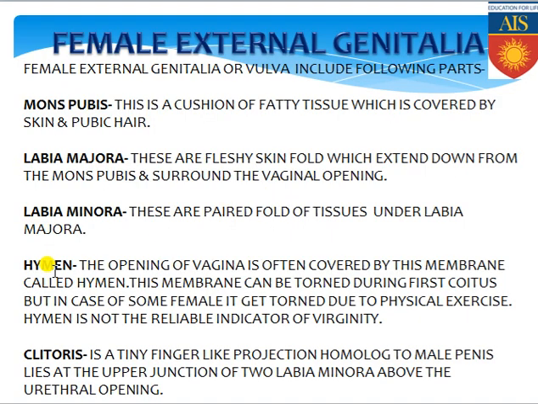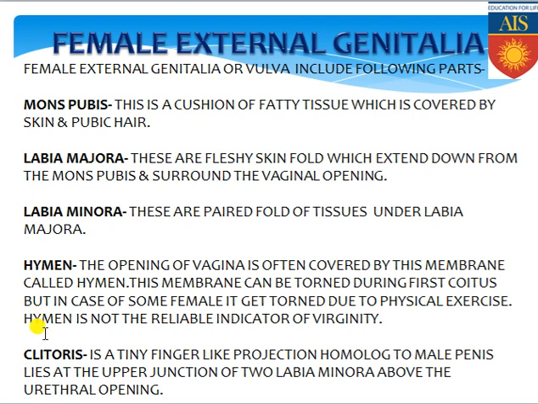Okay. Hymen. The opening of the vagina is often covered by a membrane, that is called the hymen. This membrane can be torn during the first coitus, but in some females it gets torn due to physical exercise also.